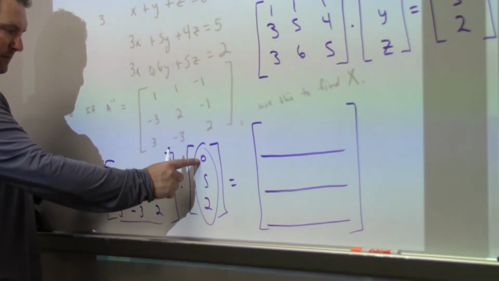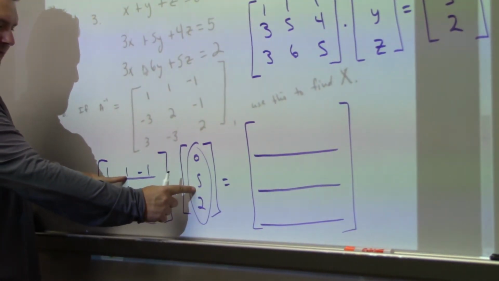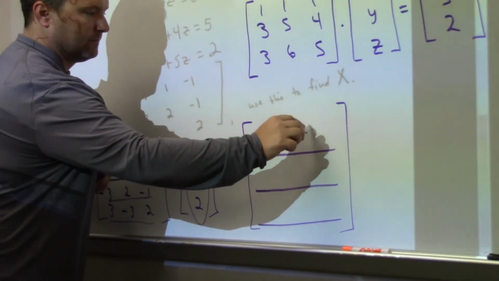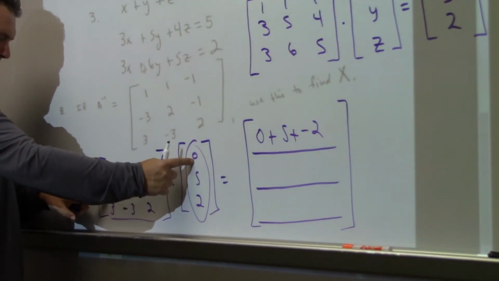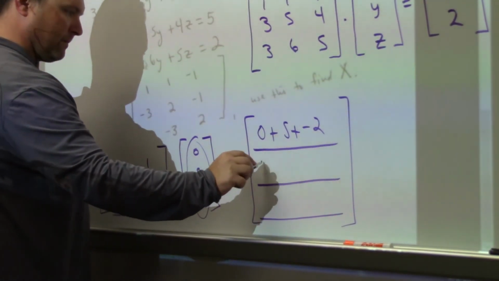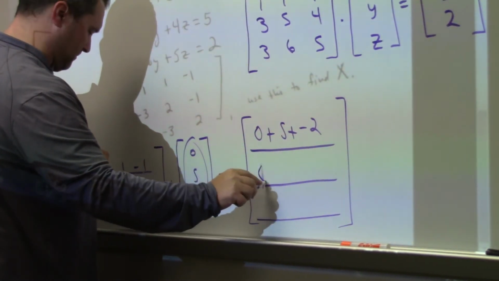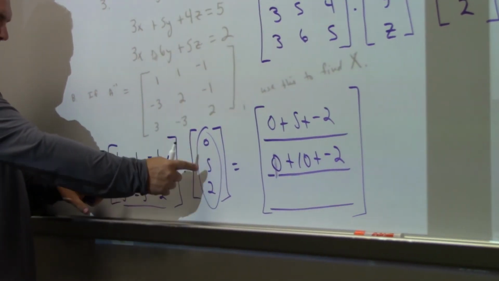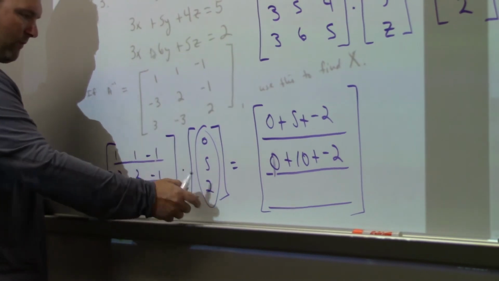Left, right. Top to bottom. 0 plus 5 plus negative 2. 0 plus 10 plus negative 2.